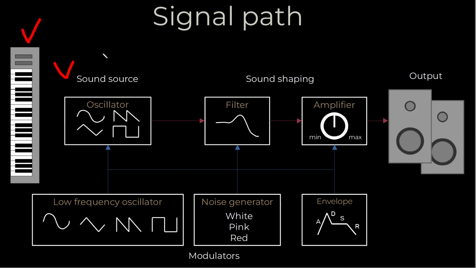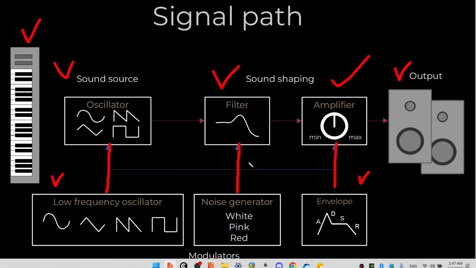Let me redraw everything. So now we can use noise to modulate filter cutoff frequency because LFO is now modulating pitch of our oscillator. So let's do that.